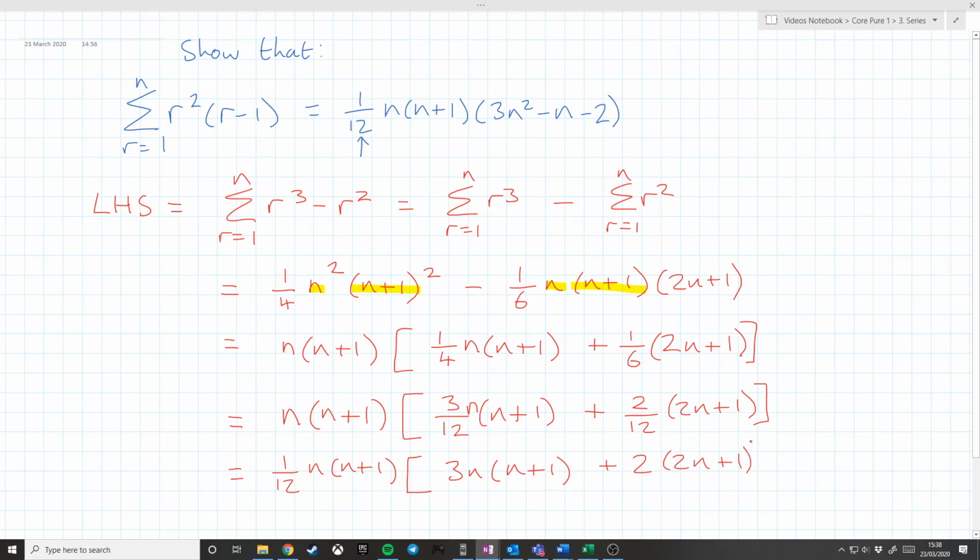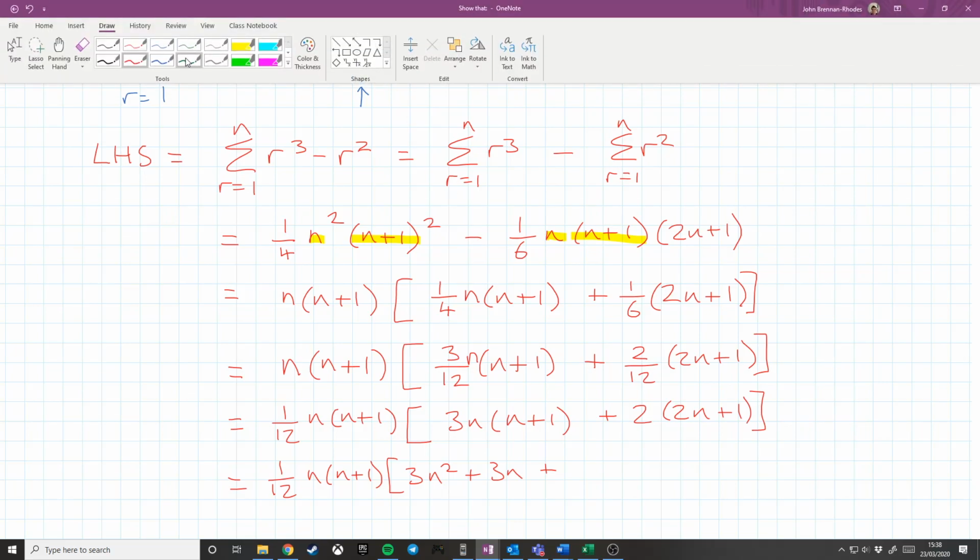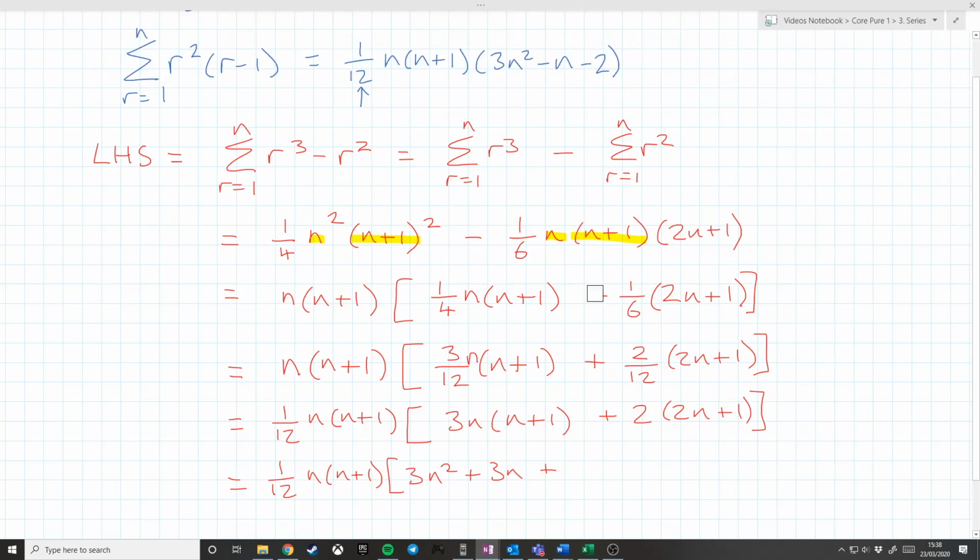Now I'm hoping what is inside the brackets is going to become 3n squared minus n minus 2. So let's see if it does. 3n squared plus 3n. Oh, aha, mistake. I've spotted it. There was a minus sign from here all the way back there, so I'm going to do it in a different color.